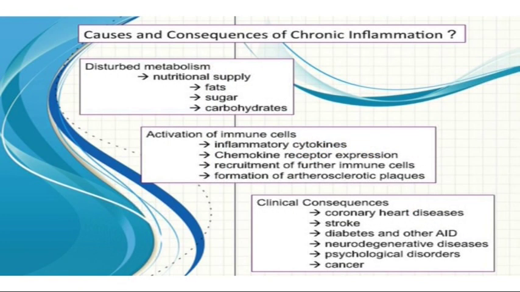So basically at this point what I'm saying is a disturbed metabolism, mainly due to overnutrition in fats, sugar, carbohydrates, can cause an activation of immune cells which produce inflammatory cytokines, a certain chemokine receptor expression which will recruit T cells and other lymphocytes to the site of inflammation.